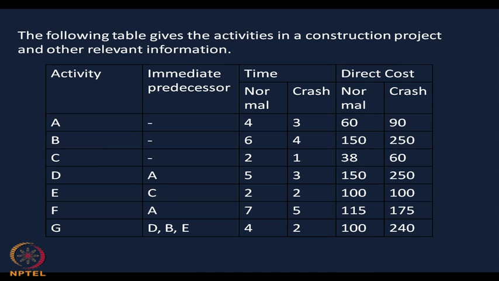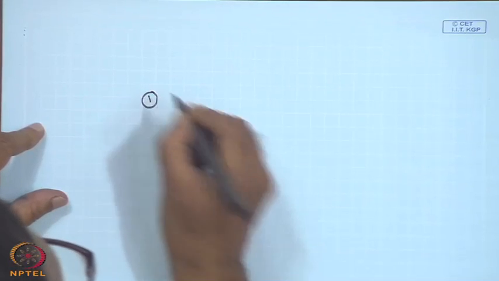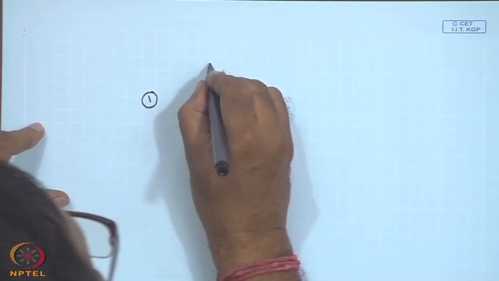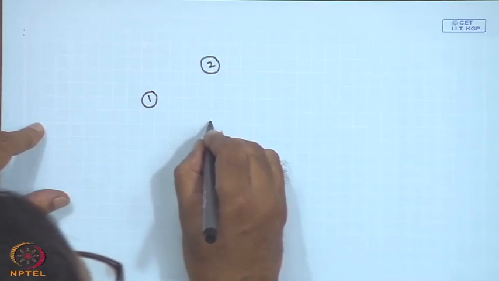I am not wasting time; first I will calculate the costs and other things. From this table I am drawing the network first. I am not explaining it because we already know how to do it, and the problem itself gives it clearly.